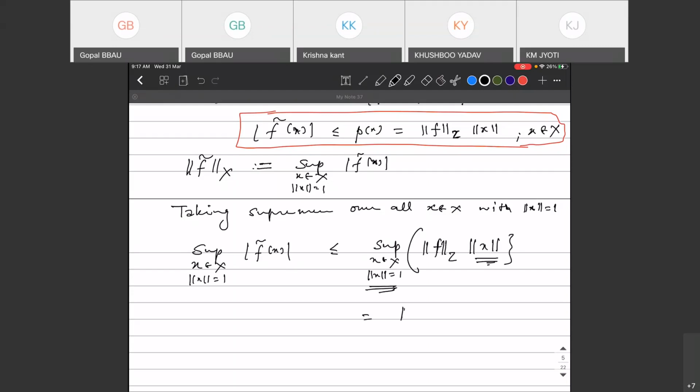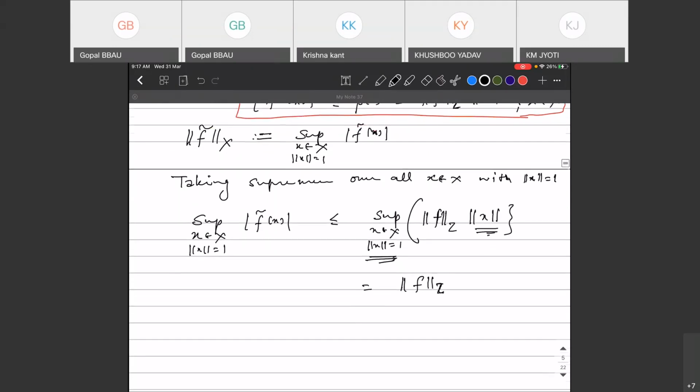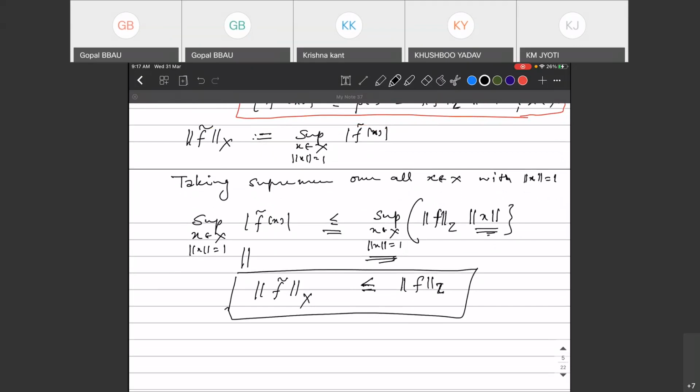So the right side is norm f, and this is the definition of norm f tilde. So we get this inequality, less than or equal to.